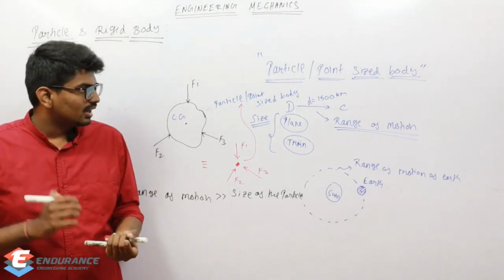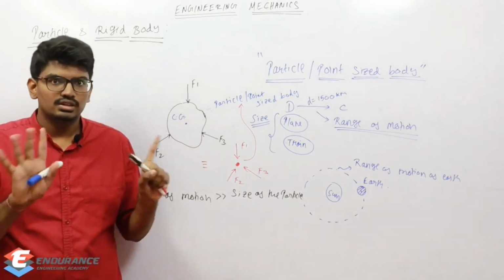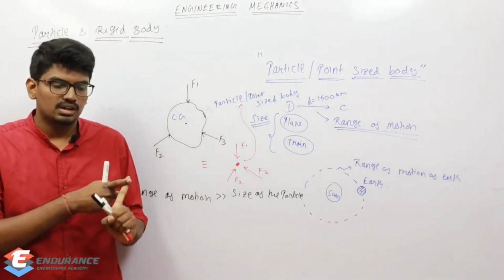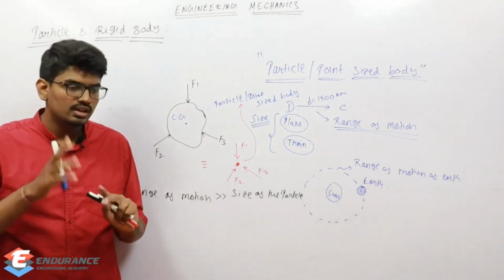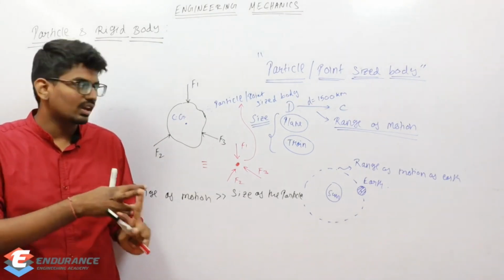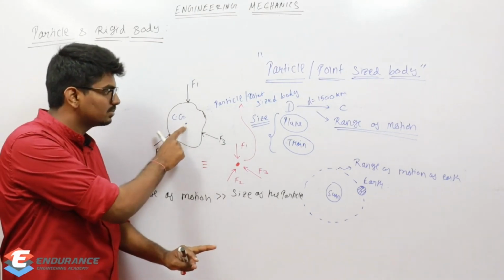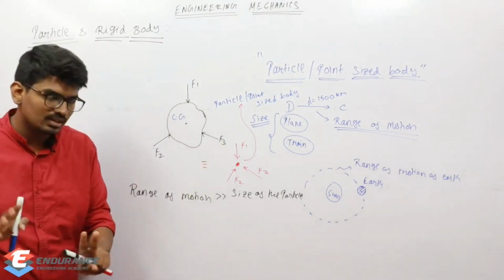Now, coming to the problems point of view: you understood what is meant by a particle or point-sized body, and how to represent all the forces. I just need to represent them at the center of gravity, well and good.